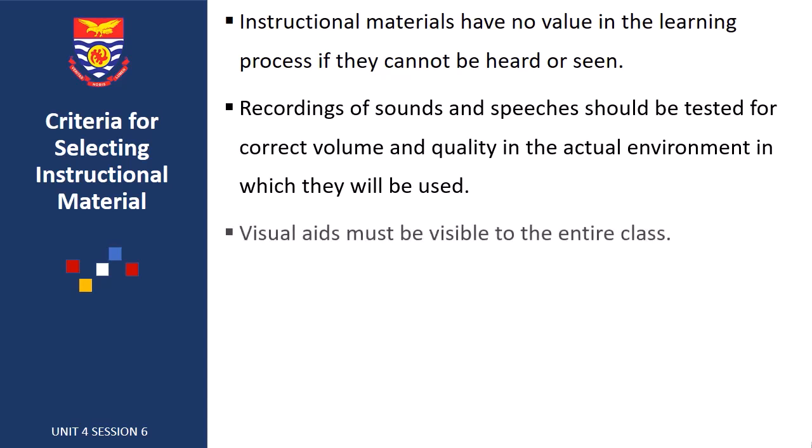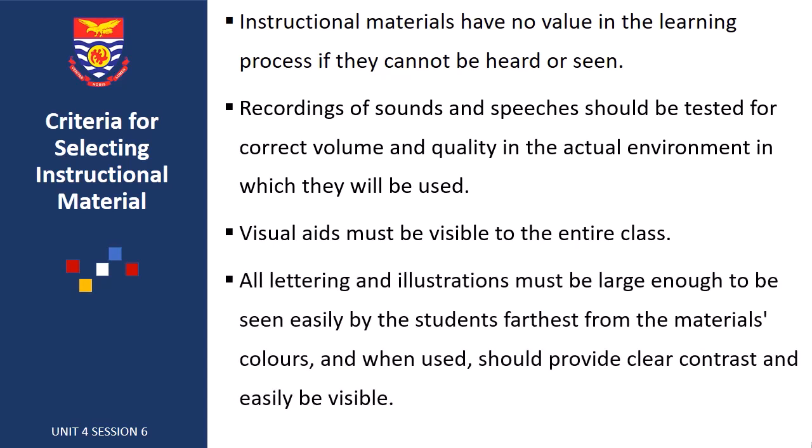And visual aids must be visible to the entire class. So when you are using visual aids, ensure that everybody can see from it. And all letterings and illustrations must be large enough to be seen easily by the students farthest from the material. Color, when used, should provide clear contrast and be easily visible.